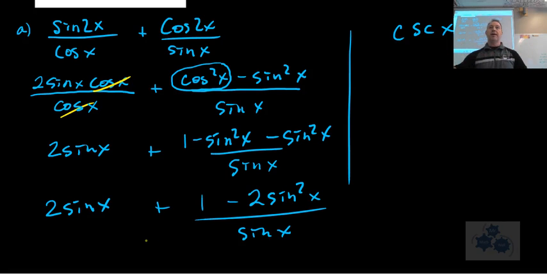That's another tip. If you don't like changing this to cos 2a, because I don't have a 2a anywhere else, what about this? I'm going to make a common denominator of sine x, and that means I'm going to multiply the top by sine x as well.